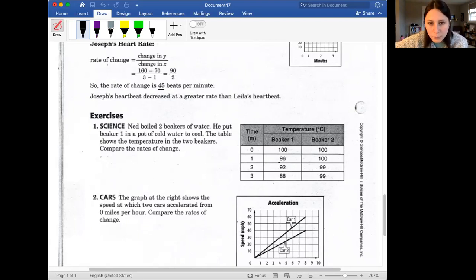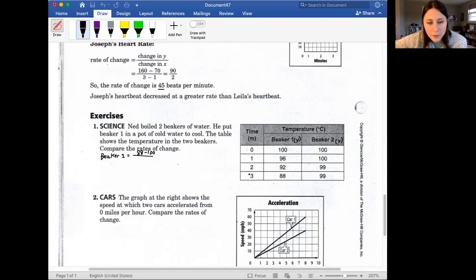So if we're looking at the rate of change of beaker 1, let's label our work so we know exactly what we're looking at. So beaker 1, the rate of change is the change of Y. So these are like those Y's that we're looking at, and the time stays the same for both of them. So the final position it's at is 88 minus 100.